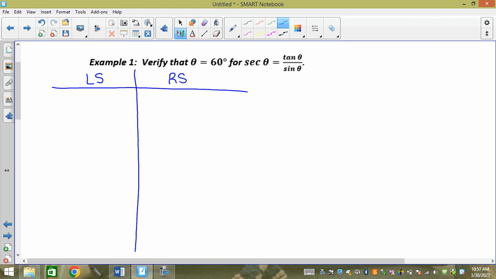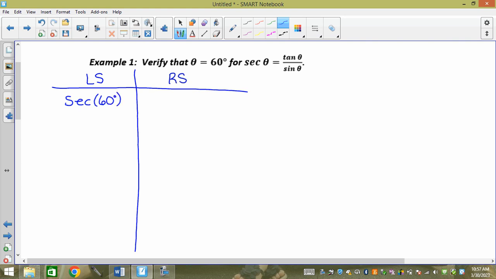RS represents right side. Now when you go to do these questions, your very first step of verifying is rewriting the left side and rewriting the right side with the angle in it. That's it. So my left side is secant of 60 degrees, since we're verifying that 60 degrees works for it.